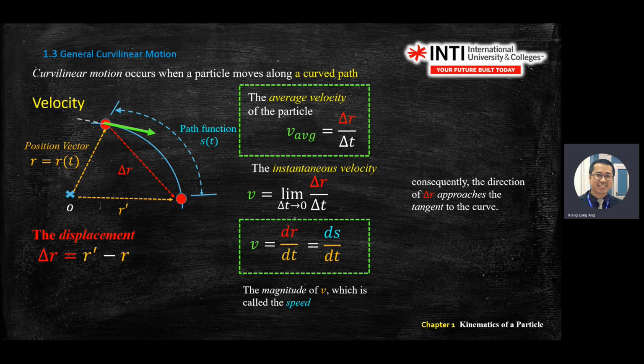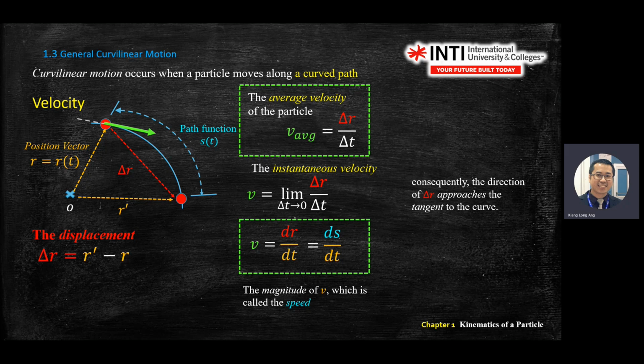What does it mean? Every time you draw a curvilinear motion, you want to look at that particular time from the radius O. You have a velocity vector tangent to the curve.